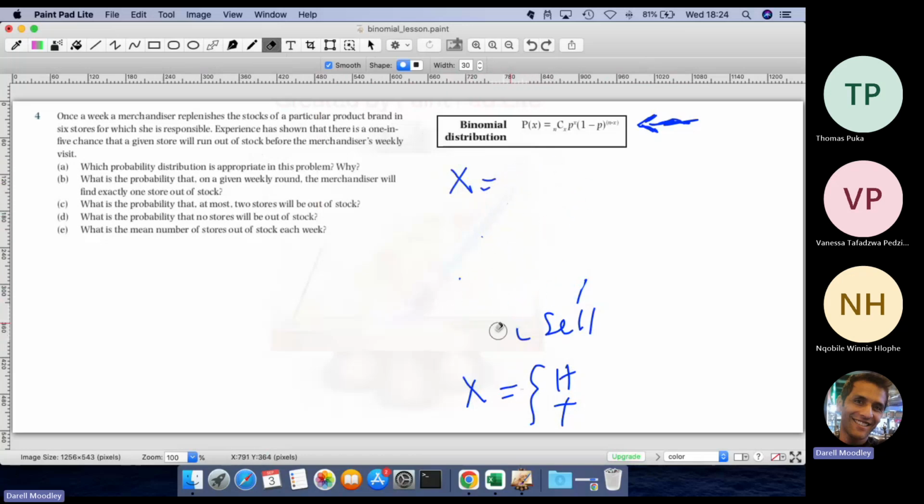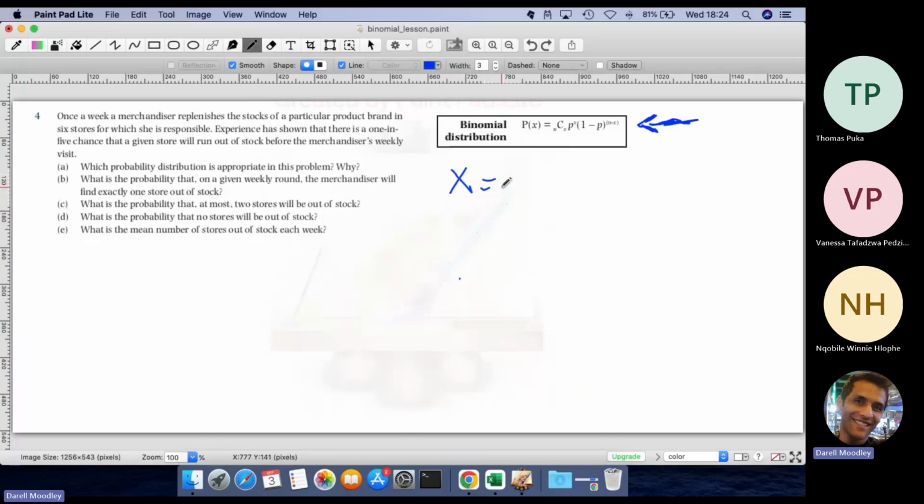The second property is that there's a fixed number of trials. Let's take the first example I gave you earlier, buy or sell. So there are only these two possible outcomes. What I mean by a fixed number of trials is, let's say one trial is a customer coming in.